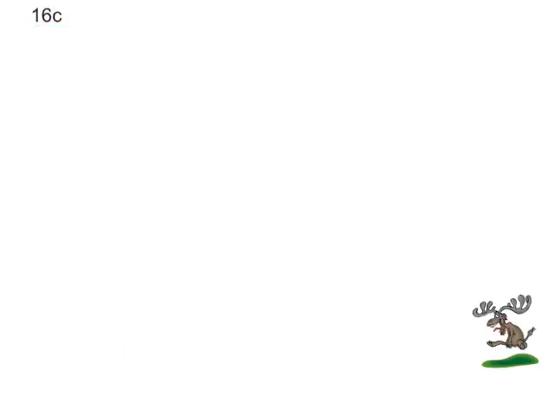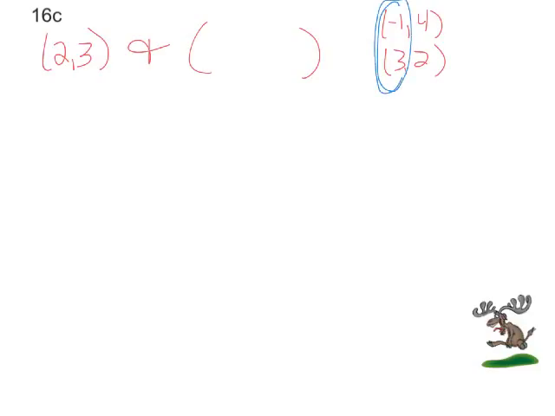All right, 16c, we're looking for an equation that goes through the point 2, 3, and the midpoint of negative 1, 4, and 3, 2. So real quick, let's find the midpoint. The midpoint is the average of the x.